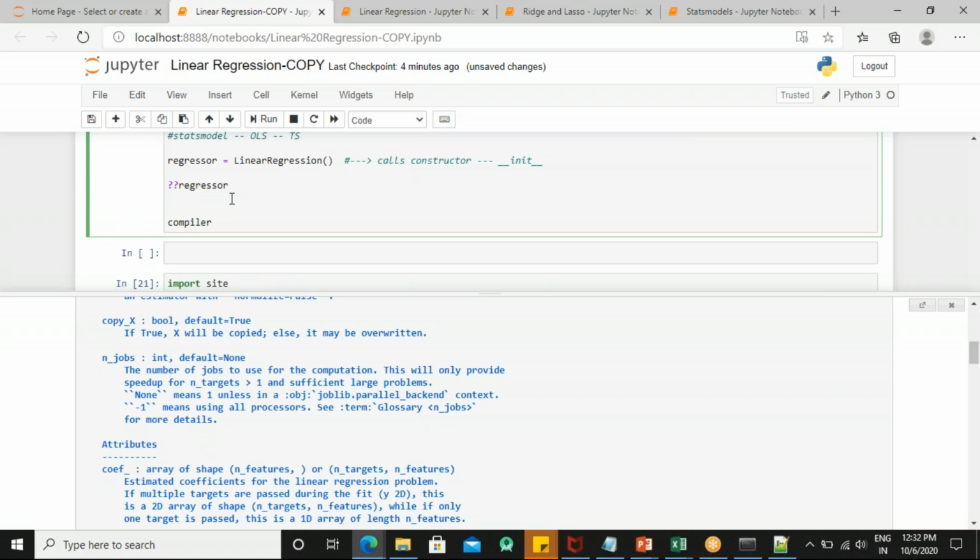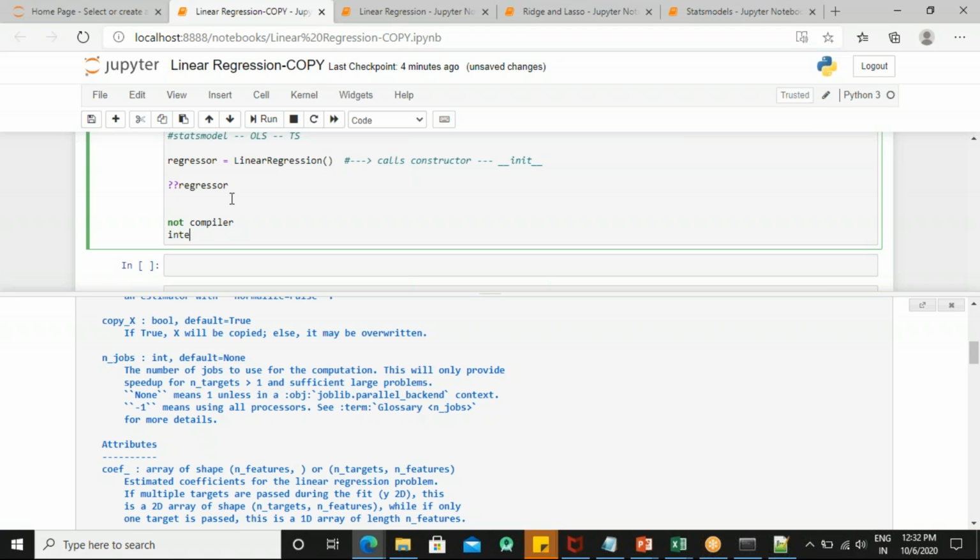I think you know this. Python is not a compiler-based language. It is an interpreted language. Java is a compiler language. Python is not. The compilers and interpreters may be written in different languages.